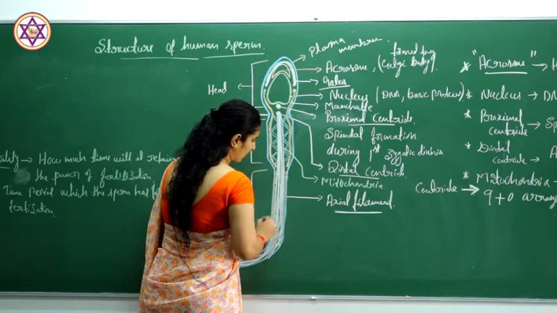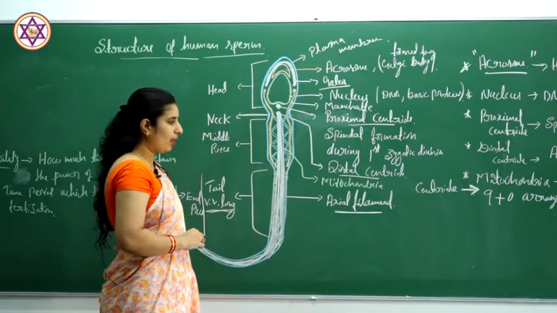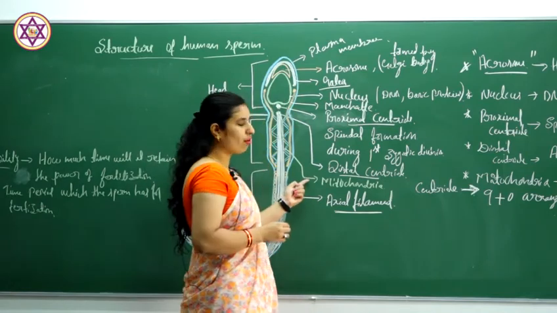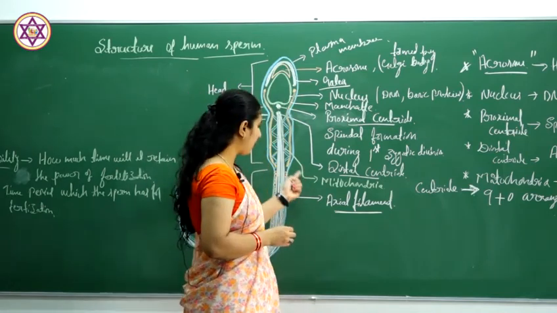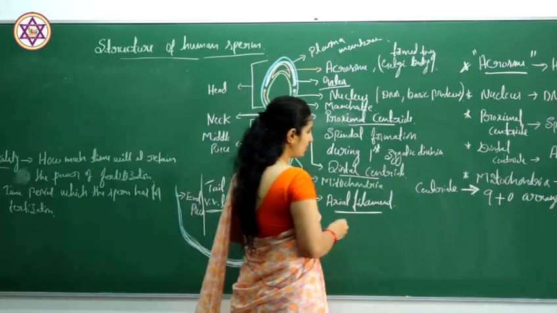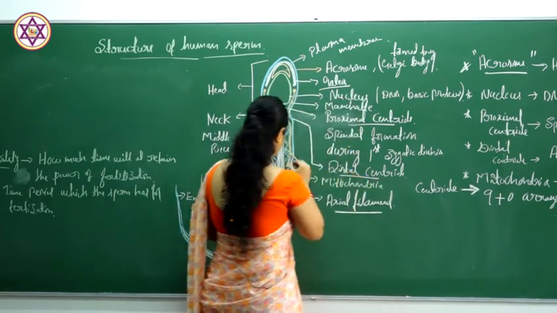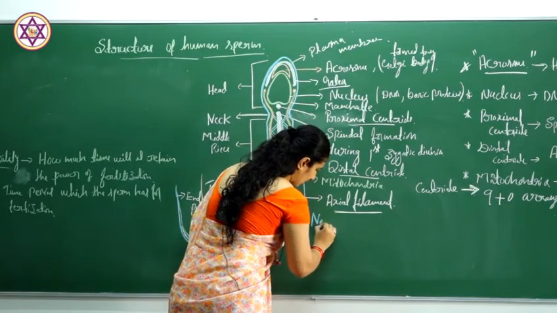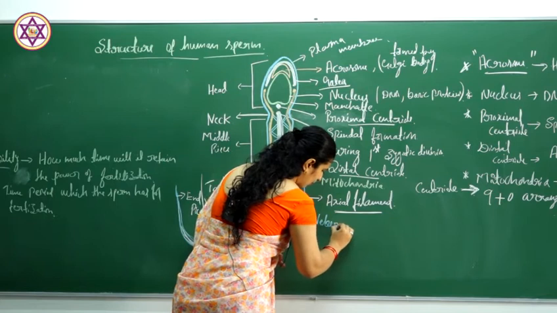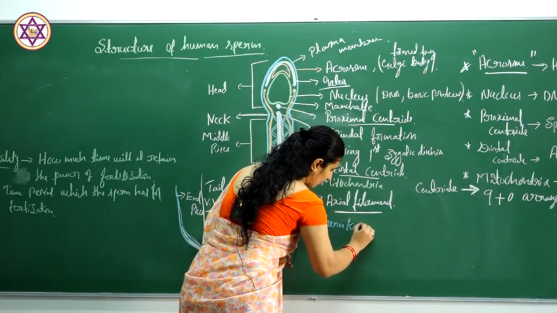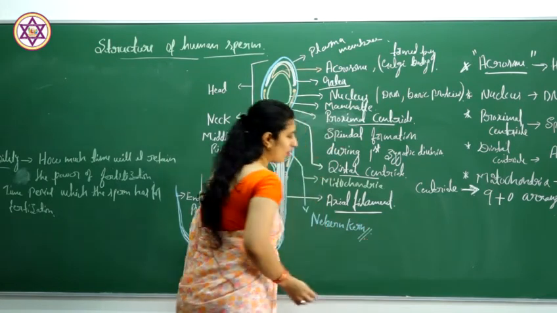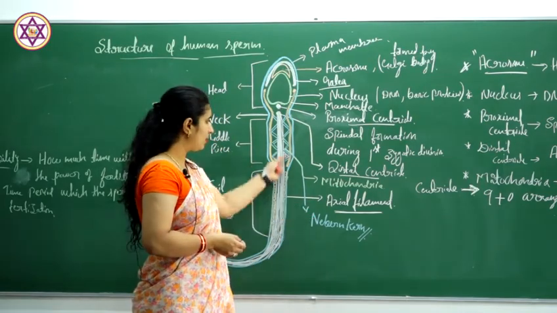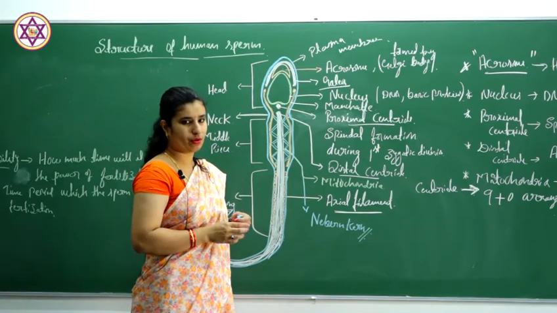And this spirally arranged mitochondria is called the nebenkern, the spirally arranged ribbon-like mitochondria.